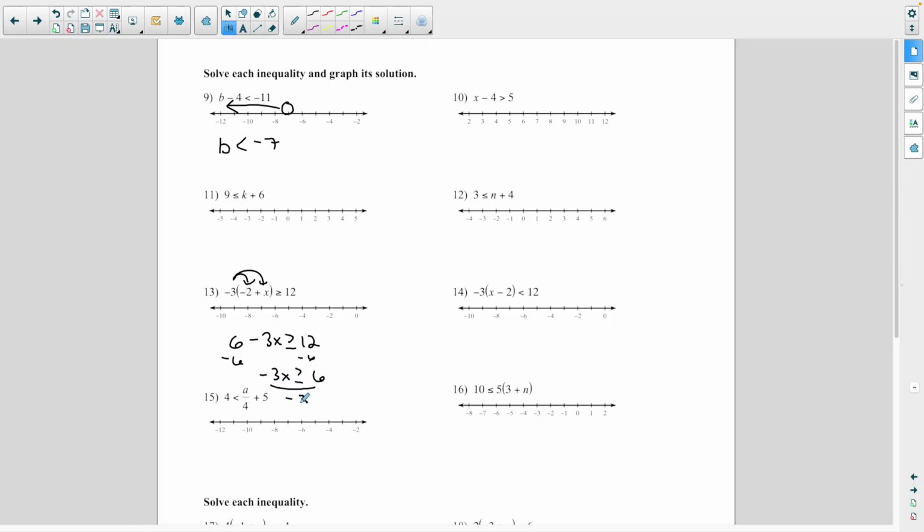Divide by negative 3. When we divide by negative 3, or any negative number, our inequality flips, and 6 divided by negative 3 is negative 2. We go to negative 2. It is a closed circle because it also has equal, it includes it. And is less than, so we go to the left.